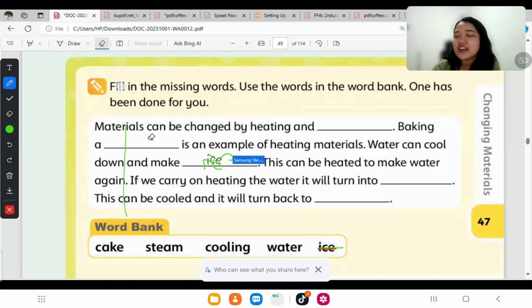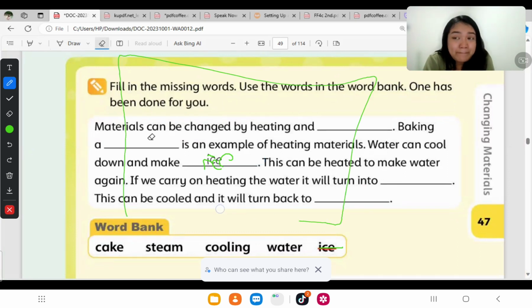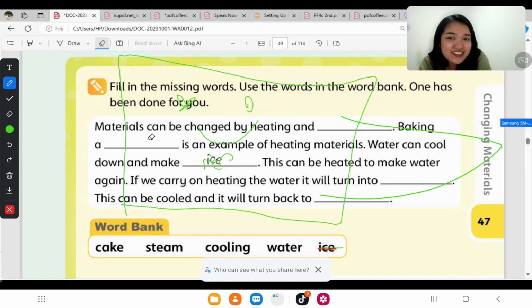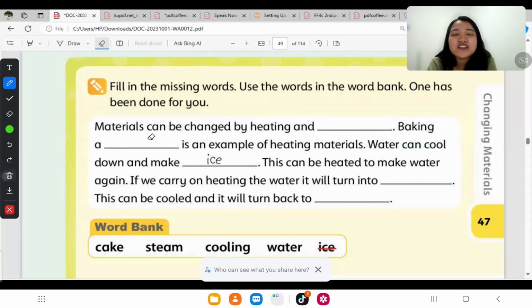All right, let's read. Okay, so this time you need to fill in the missing words to complete the sentences. Let's try here. Materials can be changed by heating and cooling.